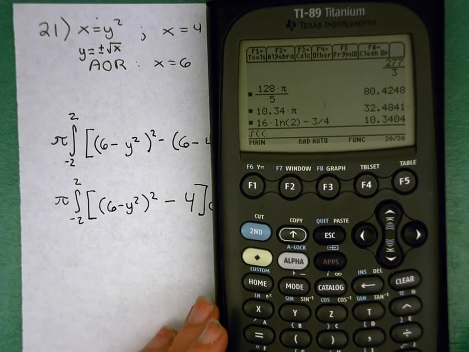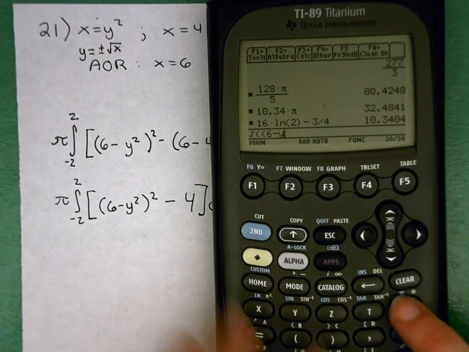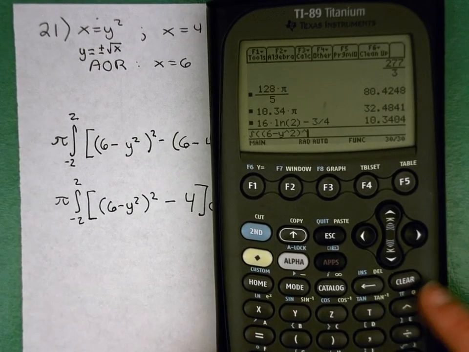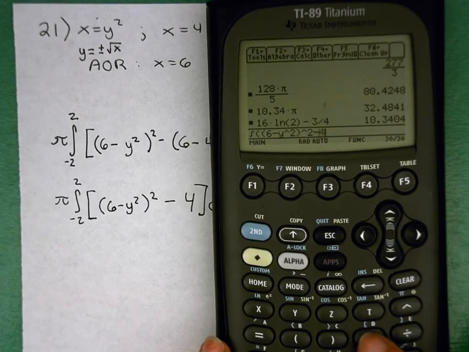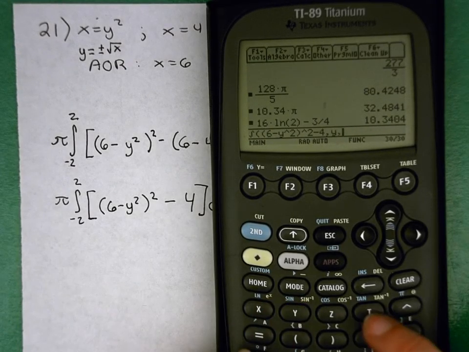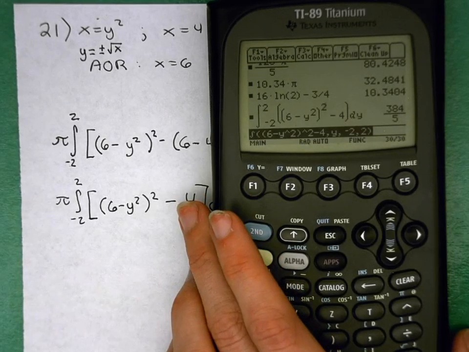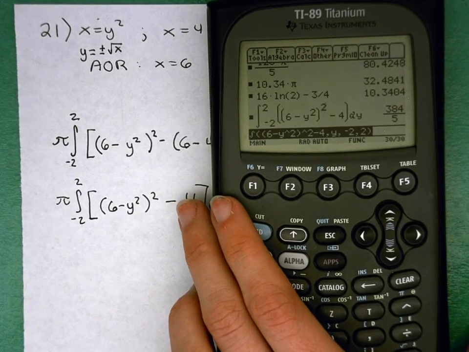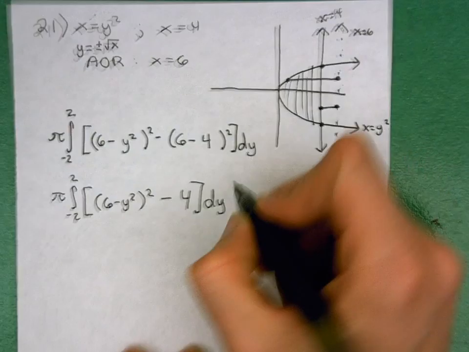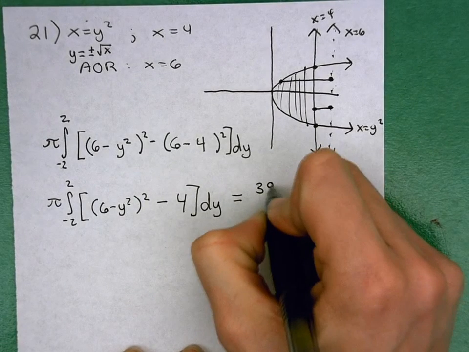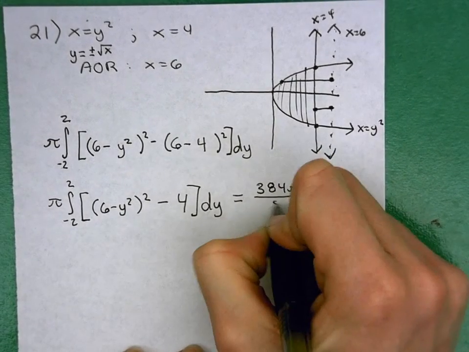I have 6 minus y squared, quantity squared, minus 4 dy from -2 to 2, which is 384 pi over 5. And so that's my answer.